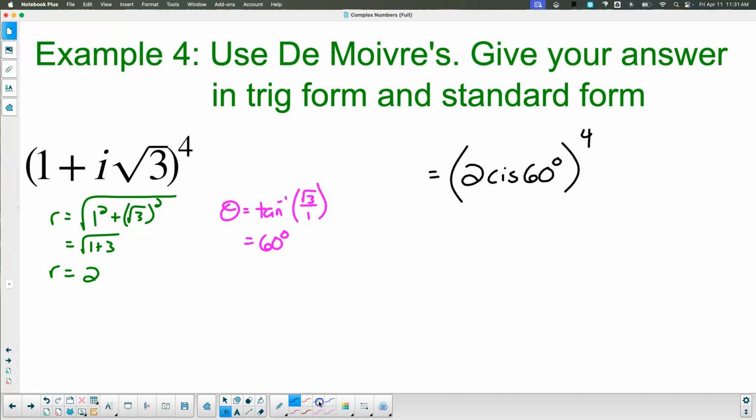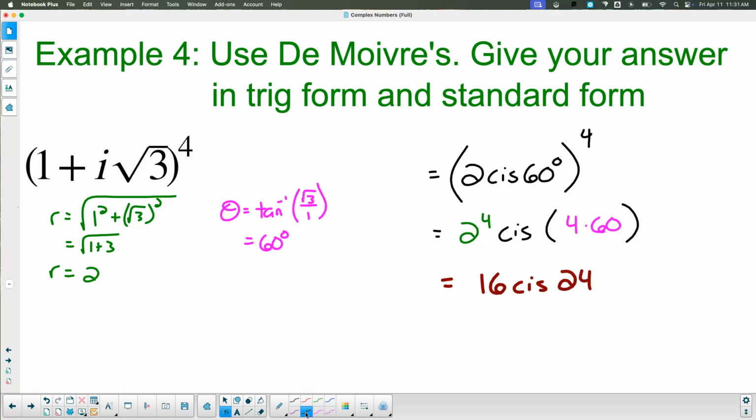So then that is going to become 2 to the 4th power cosine I sine of 4 times 60. Two to the 4th power is 16. So this would be 16 cosine I sine of 240 degrees in trig form.